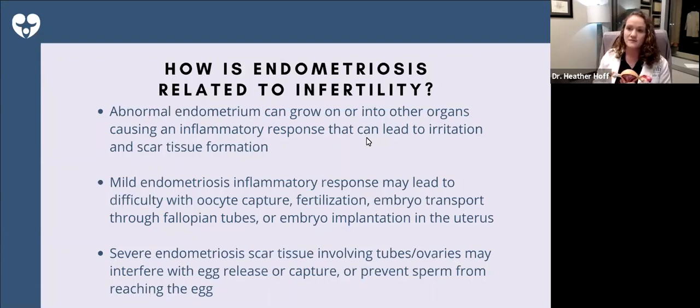And so there's some theories about inflammation, some theories about the immune system, some of the hormonal changes, maybe abnormal function of the fallopian tube, and definitely concerns with fertilization, implantation, and transport. So those are all areas under active investigation, but concerns where endometriosis could lead to infertility.